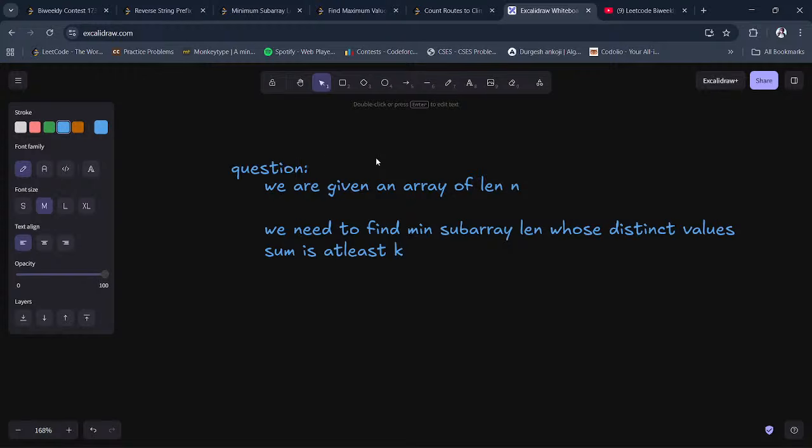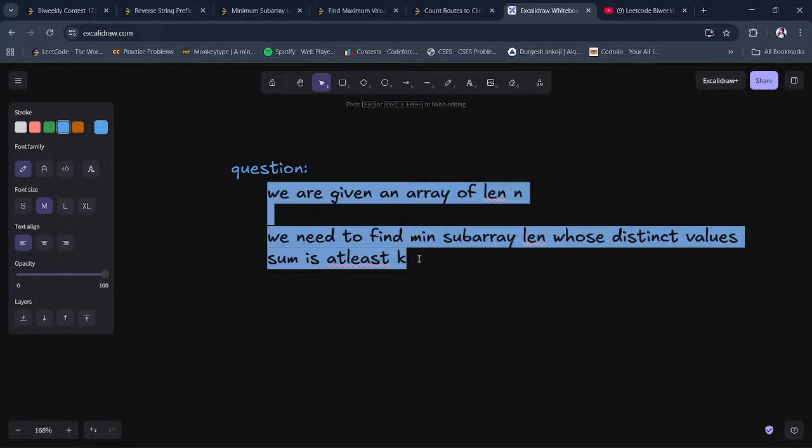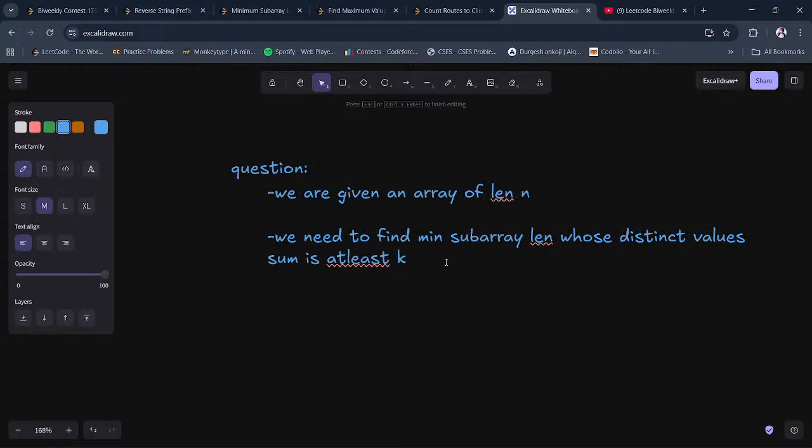This was the question. So we are given an array, and we need to find the minimum subarray length whose distinct value sum is at least k.